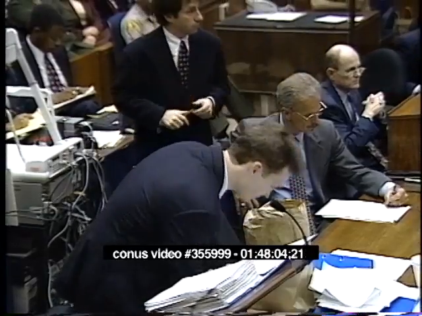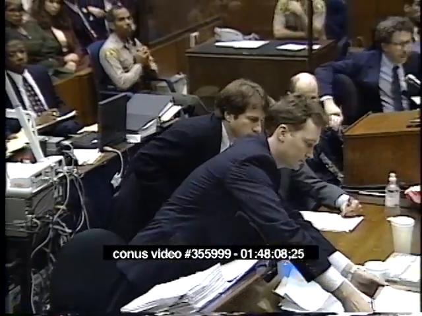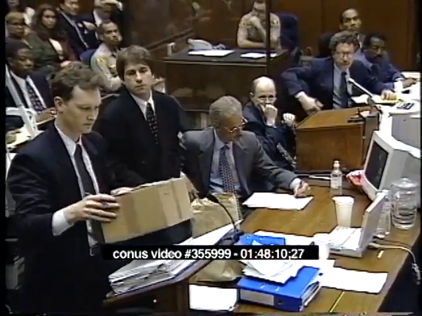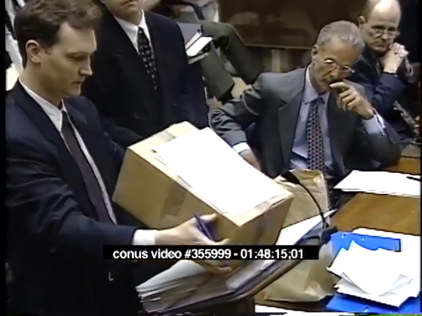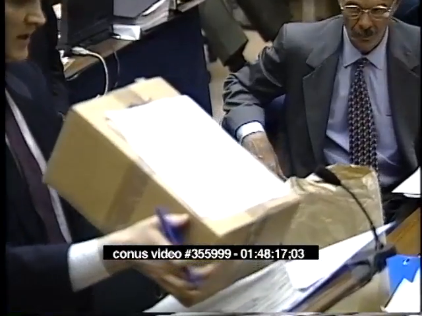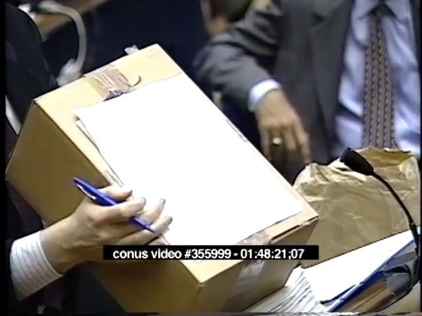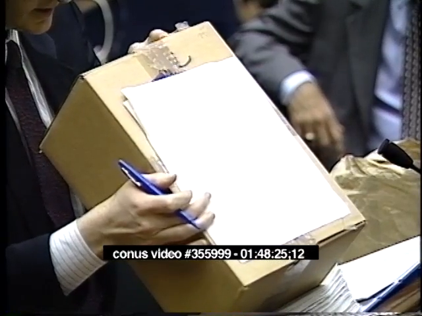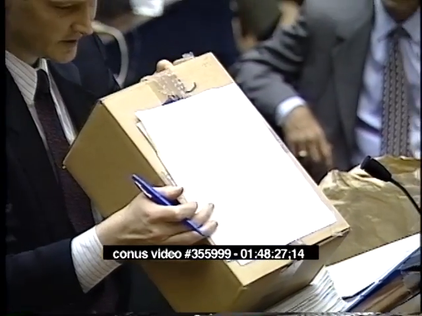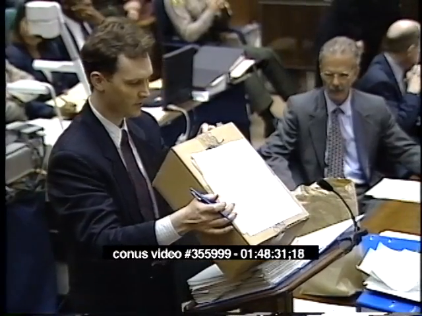All right. How is the box labeled at this point? Well, the box is labeled with an evidence tag that says booked, date booked 6/13/94, and it appears to contain the DR number, in this case 9408174131.